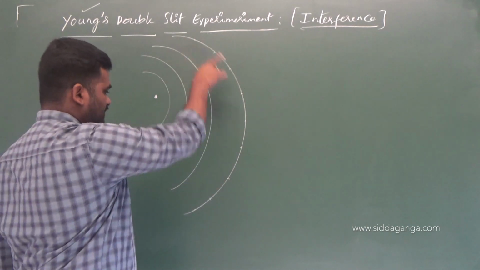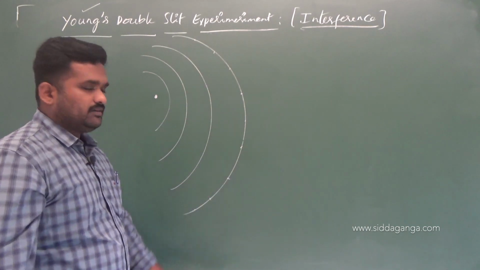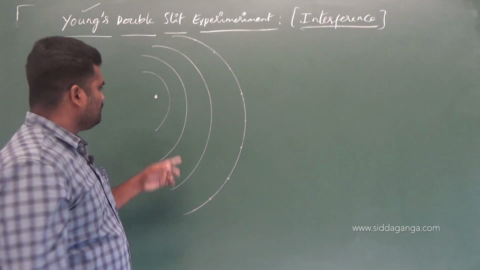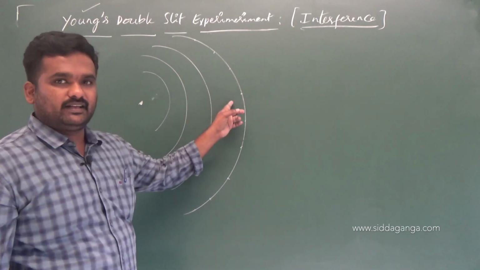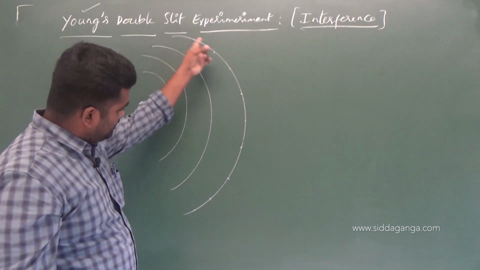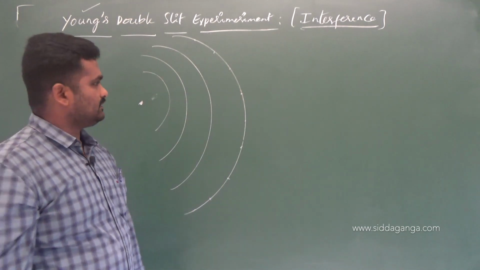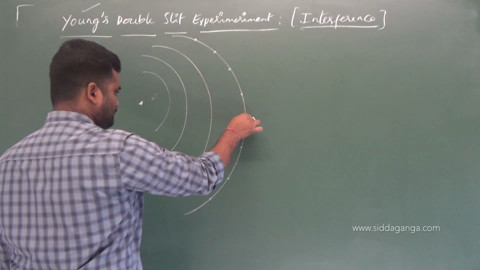That's the definition of wavefront we studied in the beginning of this chapter, in the very first session. If a point source emits radiations in all the directions, the locus of all the points which are in phase is the wavefront.